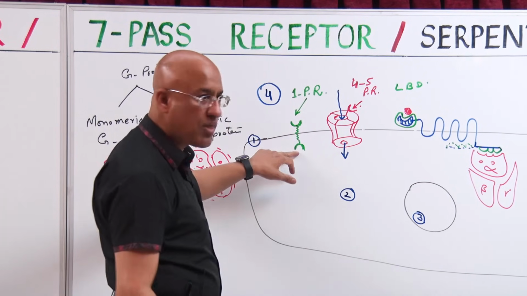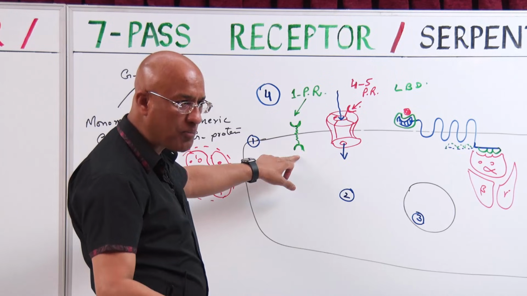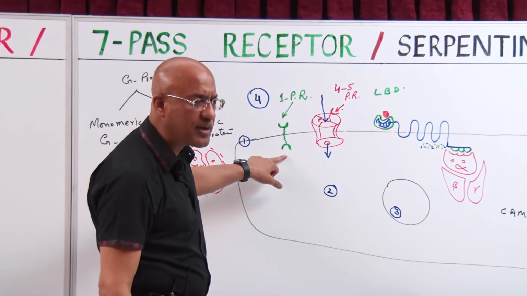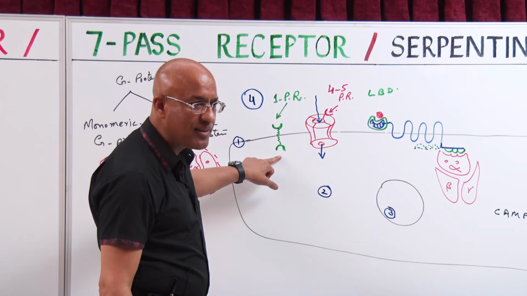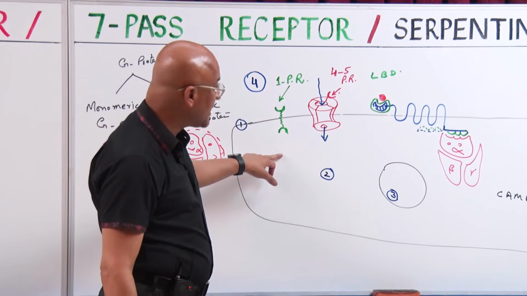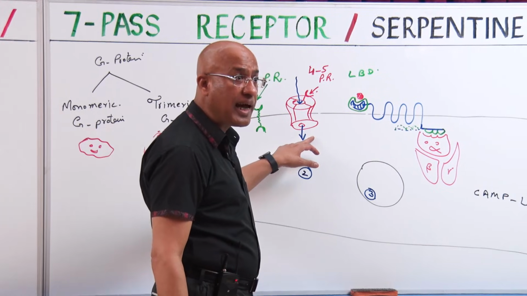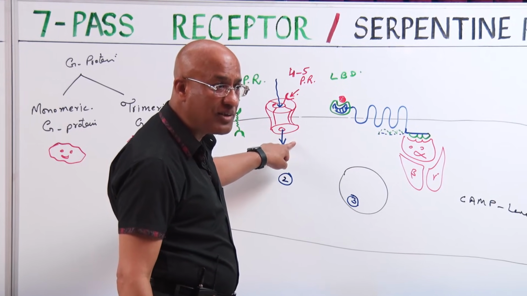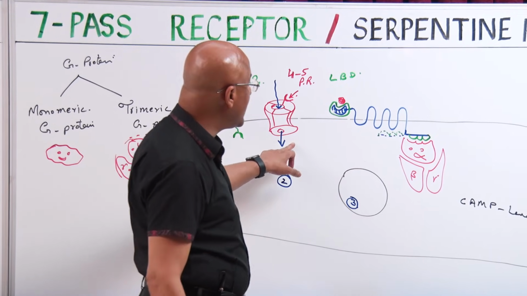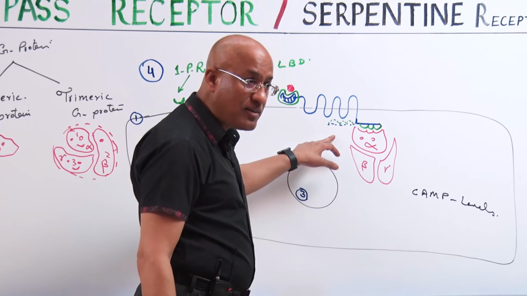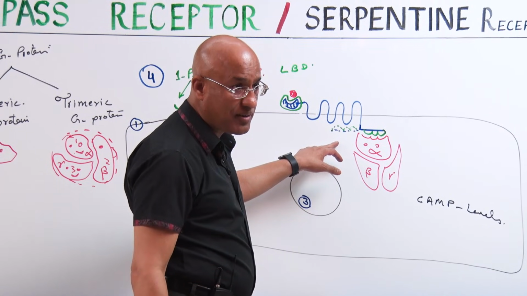We said there are one pass receptors. Classical examples are many growth factors or insulin, which have one pass receptors. Then there are 4 to 5 pass receptors which are ligand operated ion channels, right? Then there are 7 pass receptors, right? These are the most important receptors.